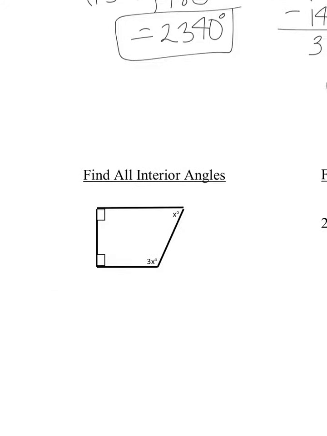If I asked you to find the measurement of all interior angles here, what would we do? Sure. 1, 2, 3, 4 sides. So first I could plug that in. If I don't know off the top of my head, I could plug that into the formula like in the first one. Equals 360.